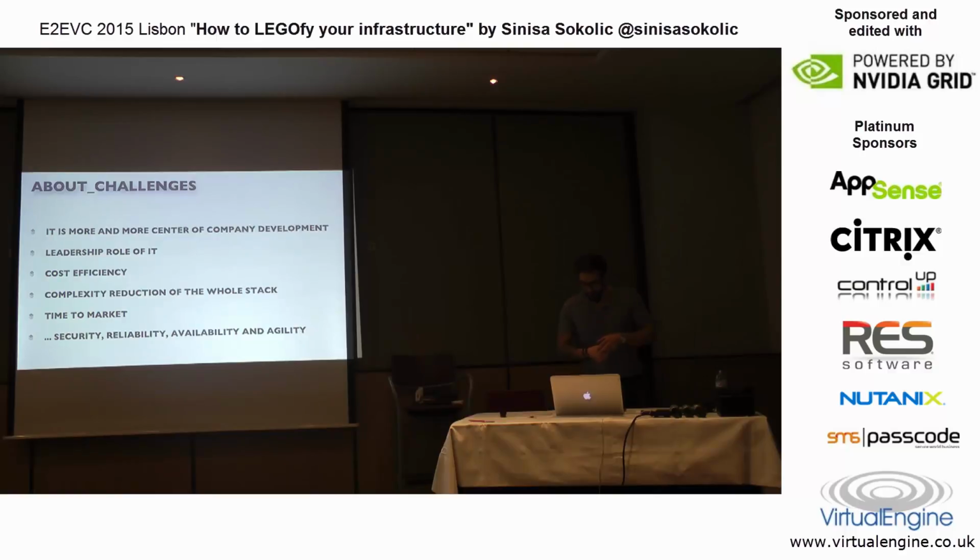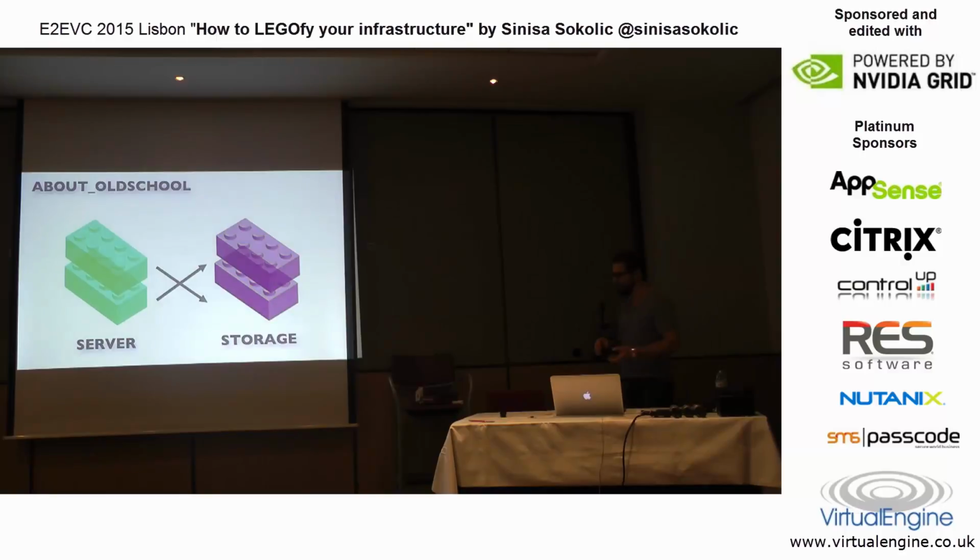Additionally, security, reliability, and availability are things that come up every time, and that's the reason why I think we need to rethink how we build infrastructure. So, how we did it in the past: we had servers, we had storage, we put them together in a certain kind of way.